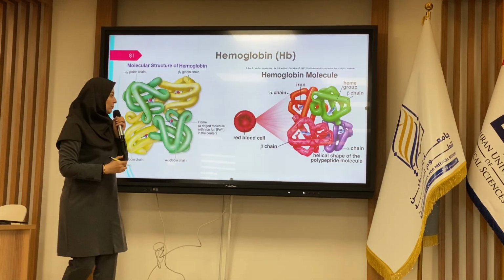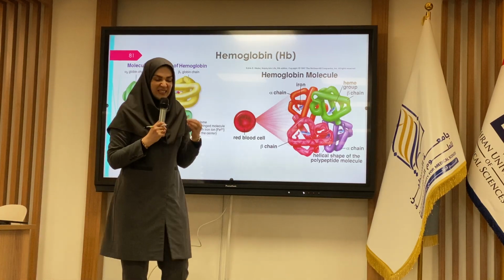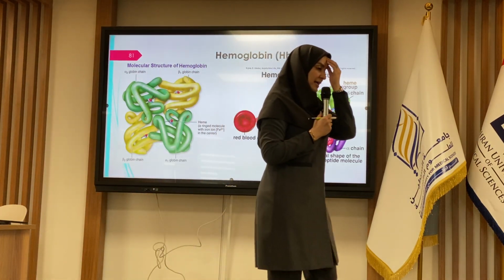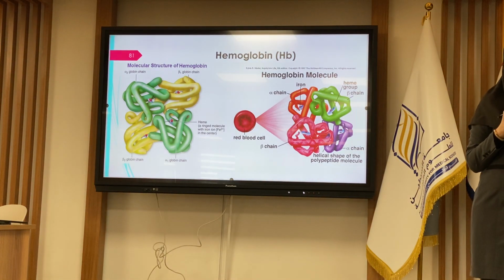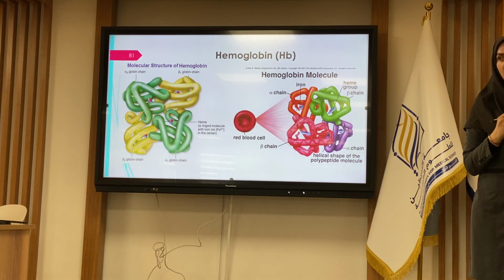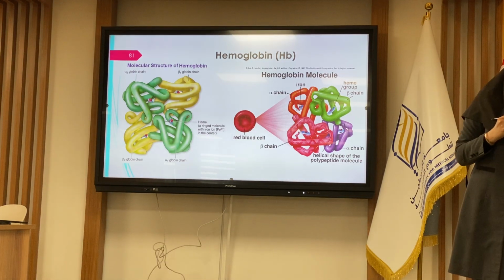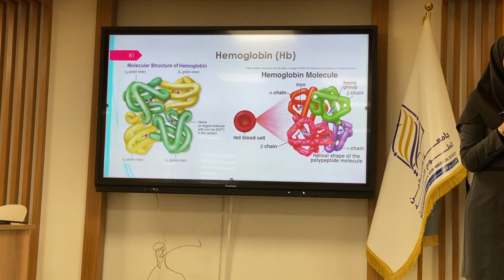About the hemoglobin, this is an overview. The simplest question is the number of chains present in the structure of hemoglobin. How many polypeptide chains do we have? 4. Alpha 1, alpha 2, beta 1, beta 2. Another question: how many heme groups are present?